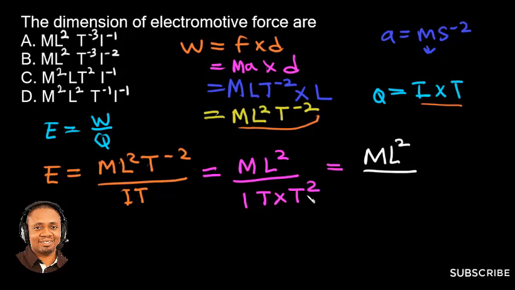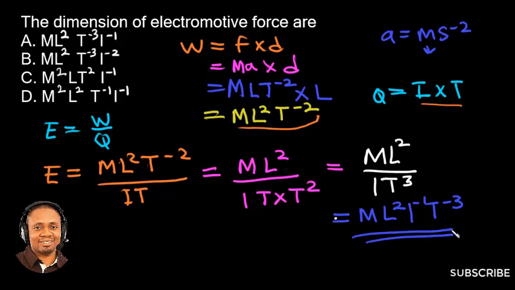We multiply through by T squared, so we have I T raised to the power 3. Alright, then finally we're coming to the end. So now we have M L square, and we need to bring the denominator up. So I will be raised to power minus 1, then the T will be raised to power minus 3. So this is the dimension for electromotive force.